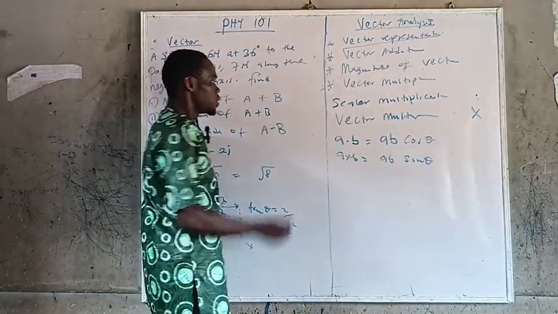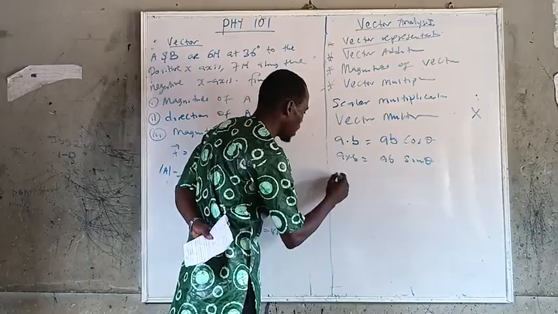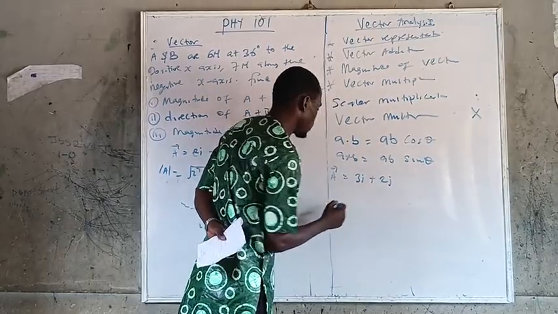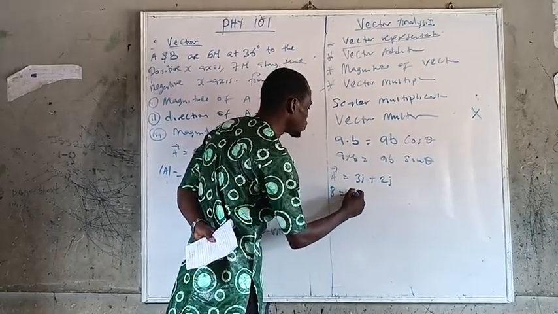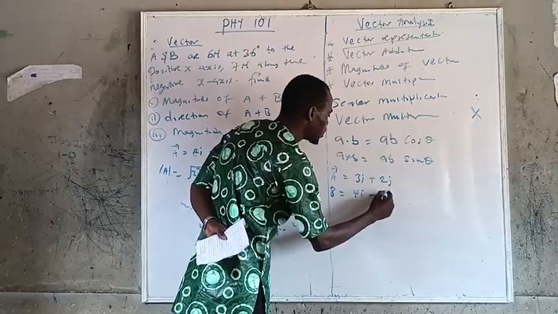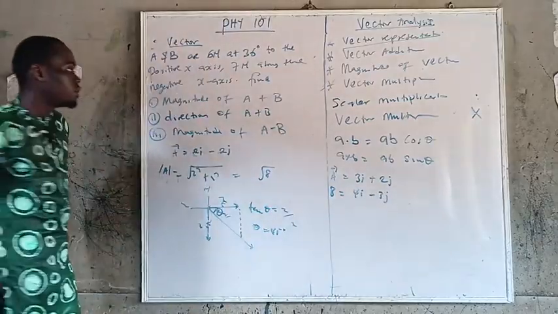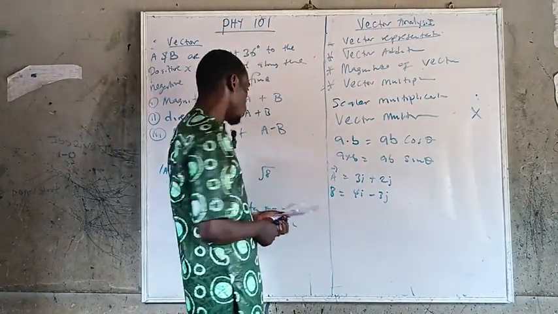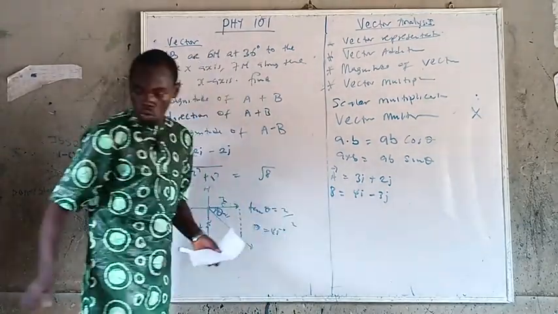Now, if you have vector A to be 3i plus 2j, and vector B to be 4i minus 3j. Okay, see this question now. If you have to determine the scalar multiplication of these vectors.